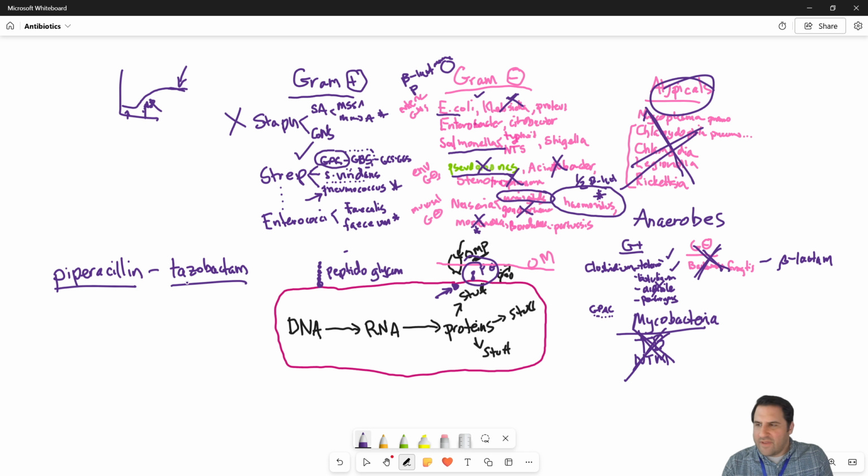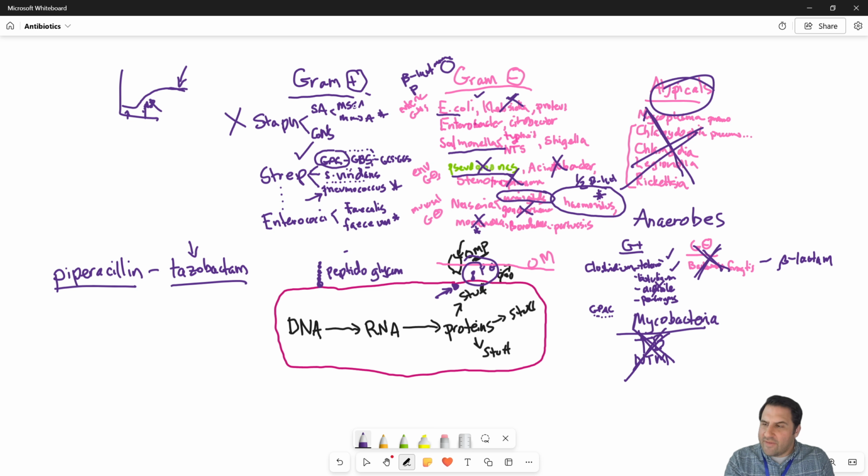Now, tazobactam is a suicide substrate. It takes itself and jams itself into the beta-lactamase enzyme and kills it. So let's think back about what our spectrum of activity would be.